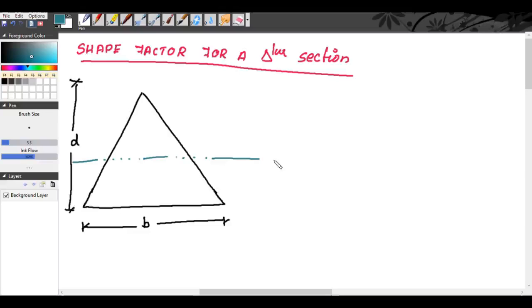This is called the neutral axis, and the distance will be d by 3. This distance will be d by 3 and this distance will be 2d by 3.